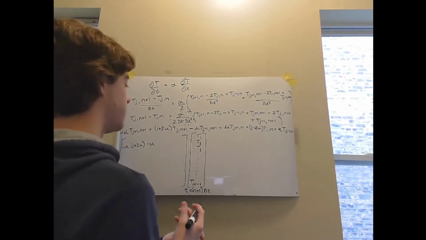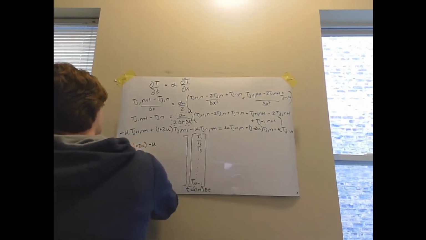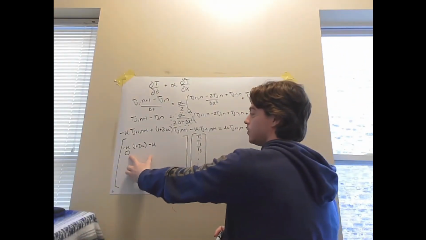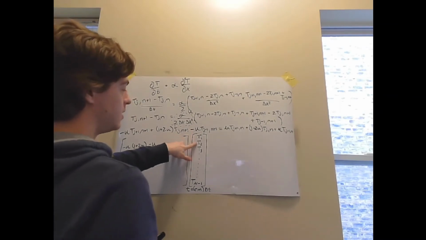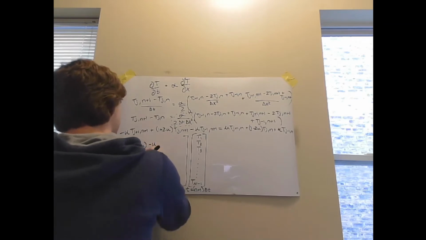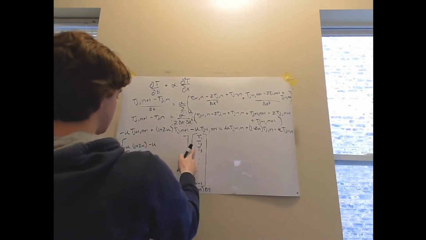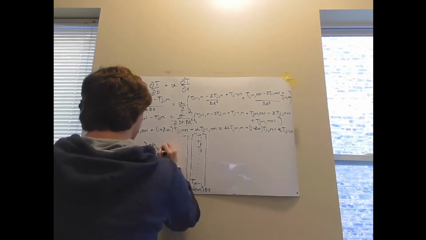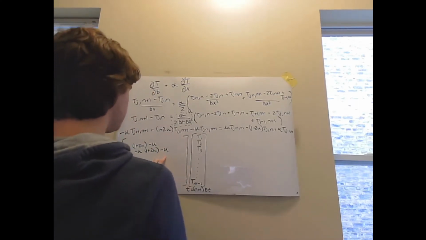And so we can go ahead and write it for the increment of j equals 3. So we're going to have a 0 on the far left in our matrix. And then we're going to have negative u times temperature when j equals 2. Then we have 1 plus 2u times T3. And then we again have negative u times T4.